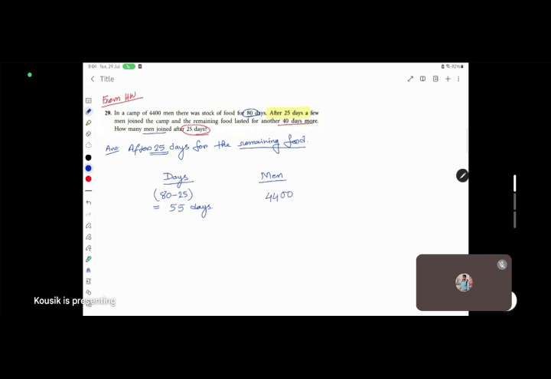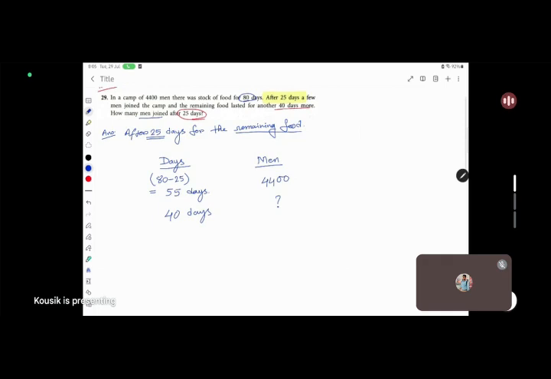4400 men. But the food lasts for 40 days. The number of days is decreased. Why? Because the number of men will increase. So first we find how many men there are for whom the food lasts for 40 days.